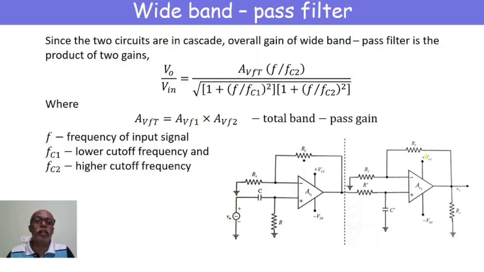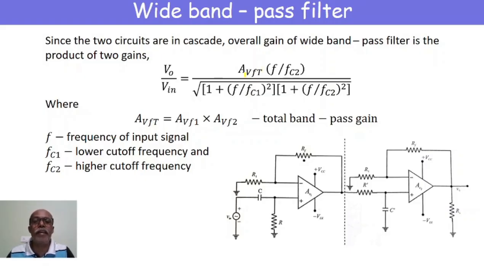Now, since the two circuits are connected in series, the overall gain of this band pass filter is the product of the gains of the high pass and low pass filters. Therefore, V0 by Vn is equal to V0 by Vn of the high pass multiplied by V0 by Vn of the low pass.